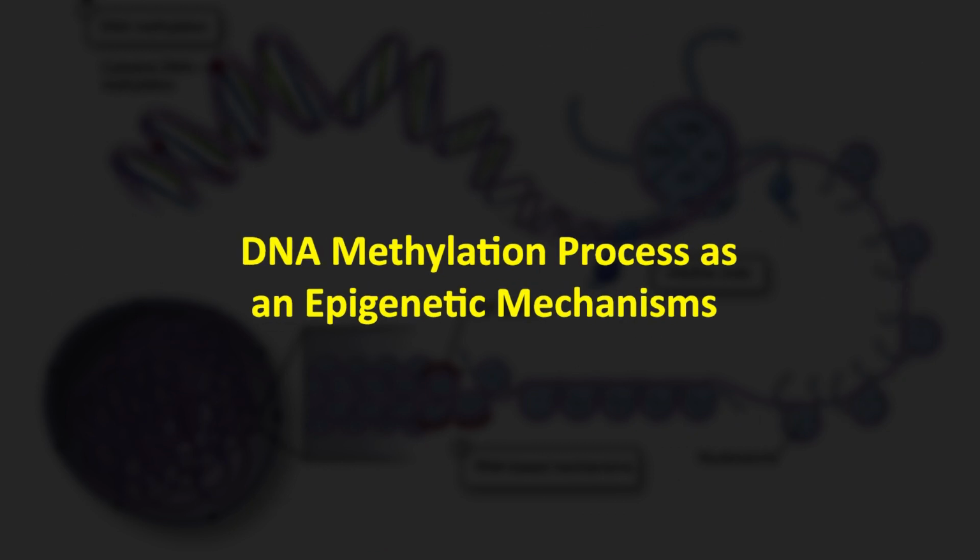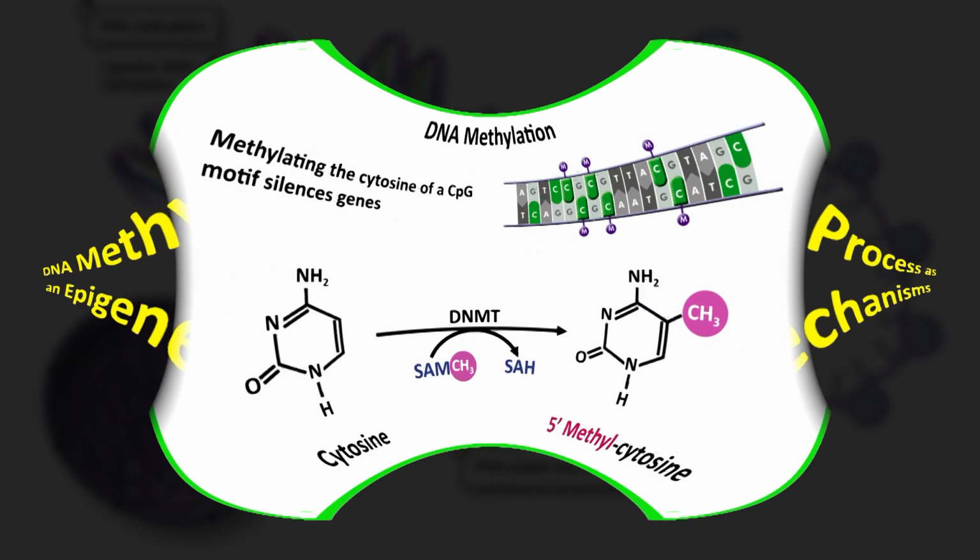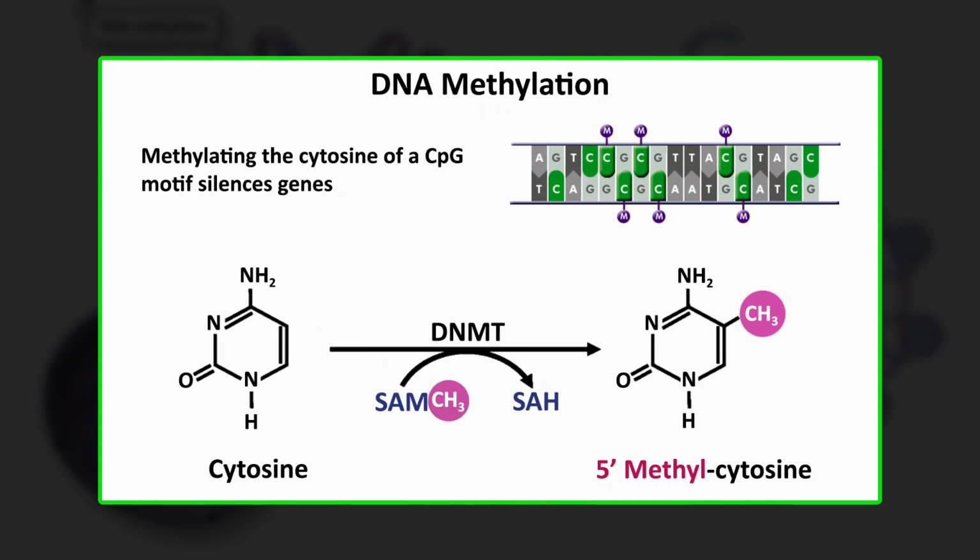Dear students, let's discuss the DNA methylation process as an epigenetic mechanism. DNA methylation frequently occurs in repeated sequences and helps to suppress the expression and mobility of transposable elements.